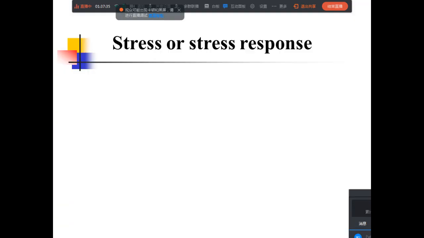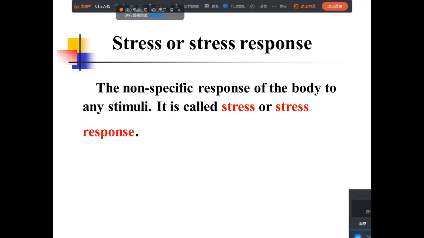Now I explain stress, or stress response. What is stress? A non-specific response of the body to any stimuli is called stress or stress response. So non-specific response. What is specific response and non-specific response?